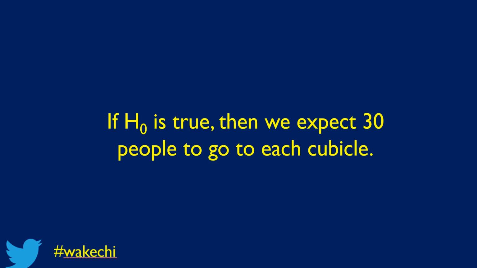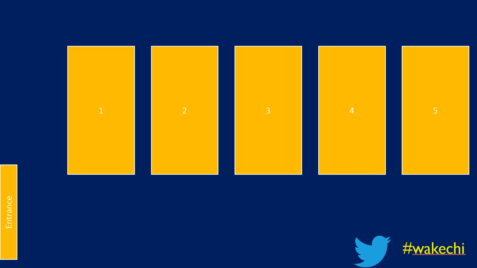If H0 is true, we expect 30 people to go to each cubicle, 30 in door 1, 30 in door 2, and so on. That's because we've got 150 results and 5 doors, and 150 divided by 5 is 30. So we'd expect 30 people to go to each door if our null hypothesis is true, that people are equally likely to go to each door.